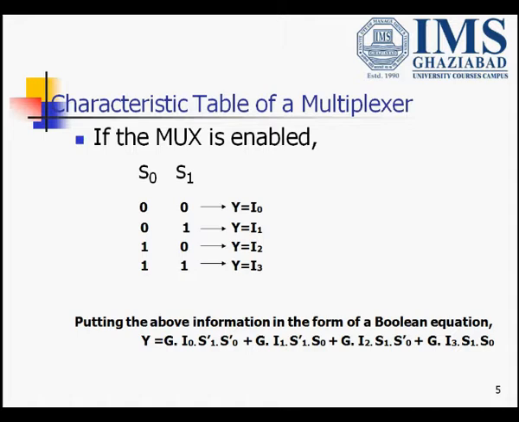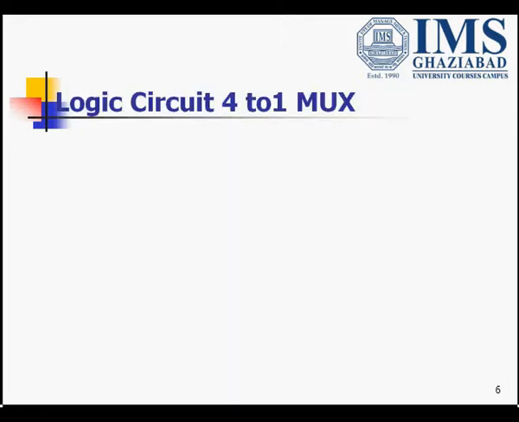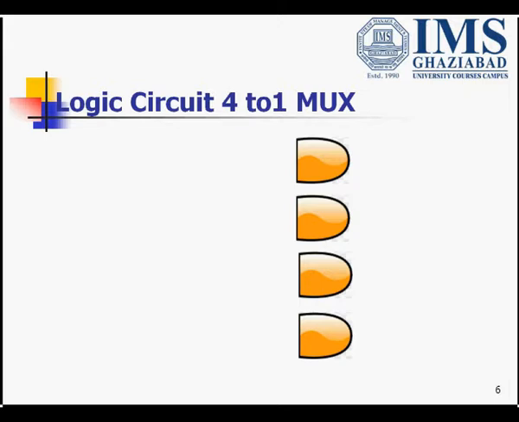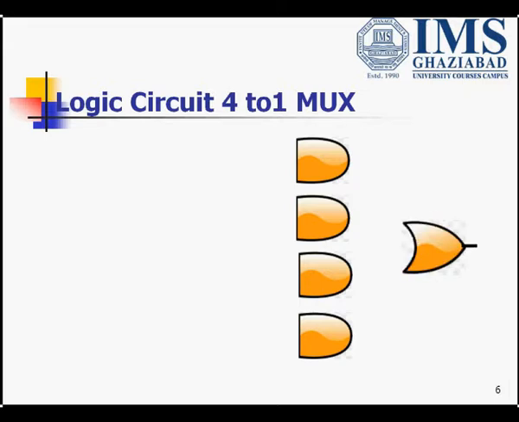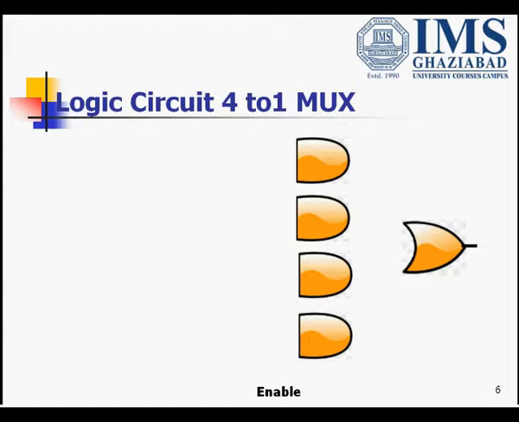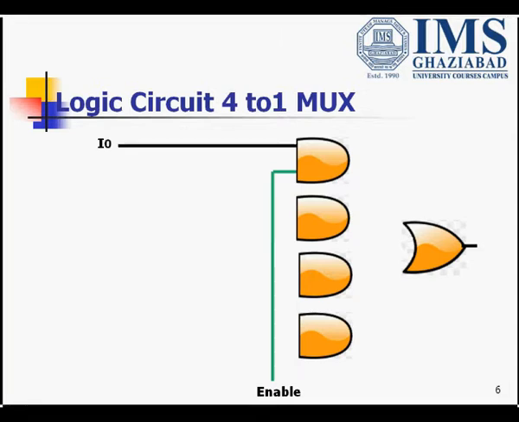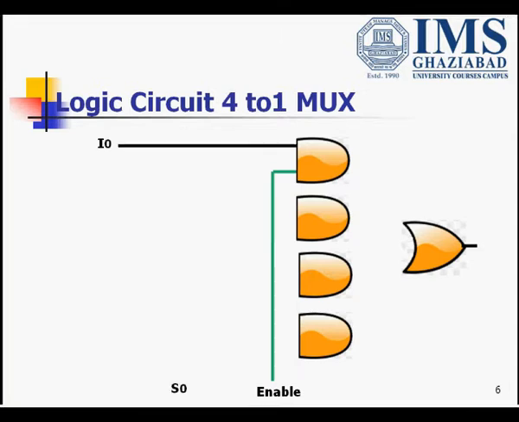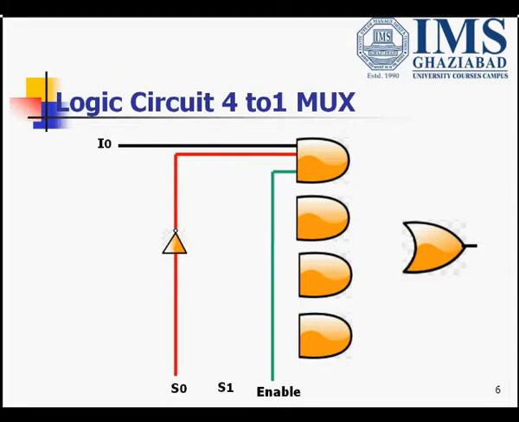Now putting this particular information in Boolean equation, we would be getting the equation for y, and then we would implement this y using AND gates and an OR gate. We have enable going to AND gate 1, I0 as an input to AND gate, S0 selection line is going in an inverted form to AND gate, and S1 is also going in an inverted form to the AND gate.